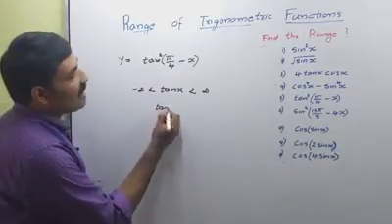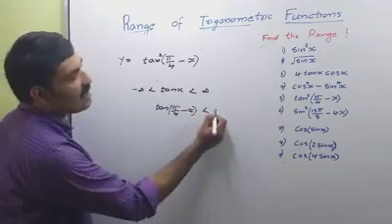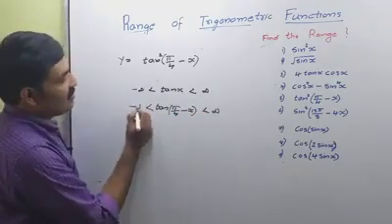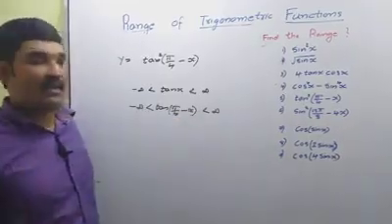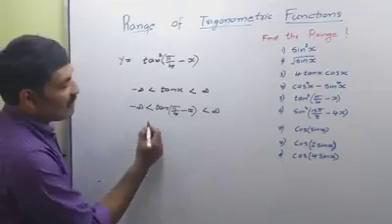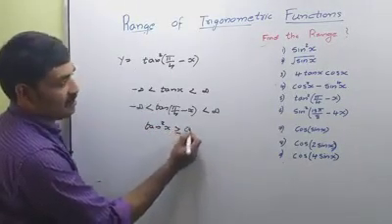So minus infinity is less than tan of pi by 4 minus x less than infinity.